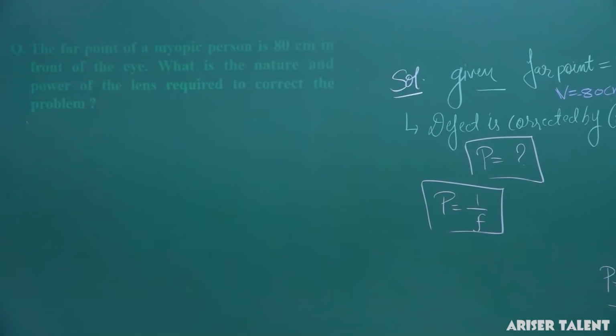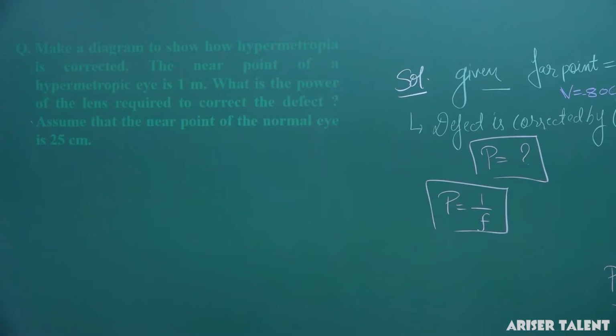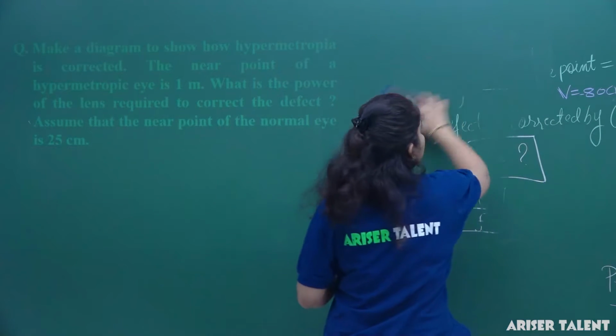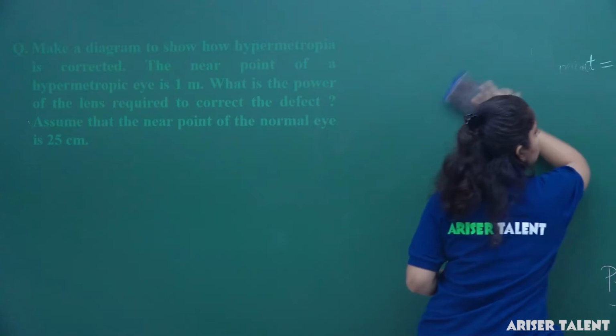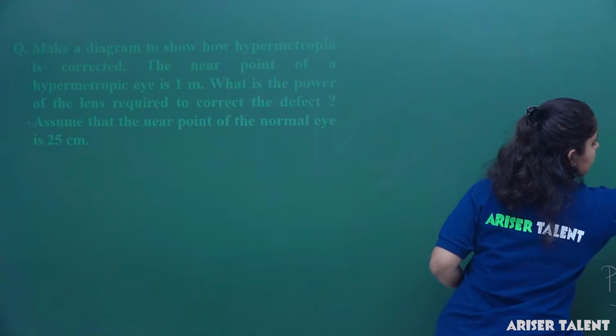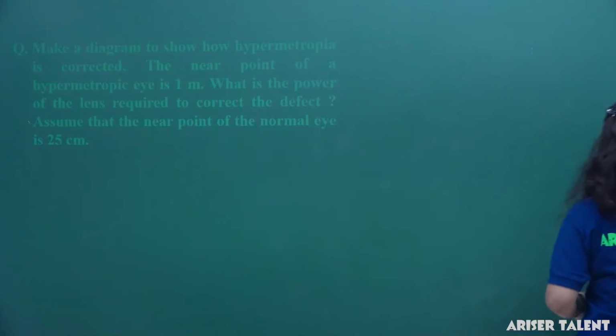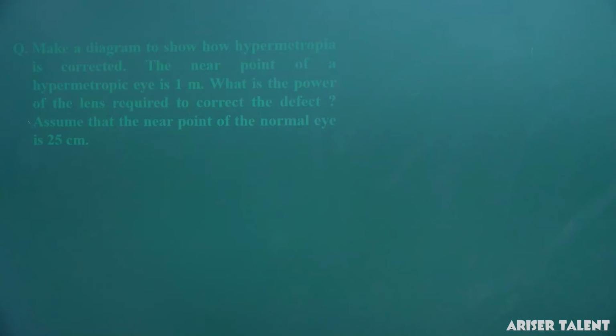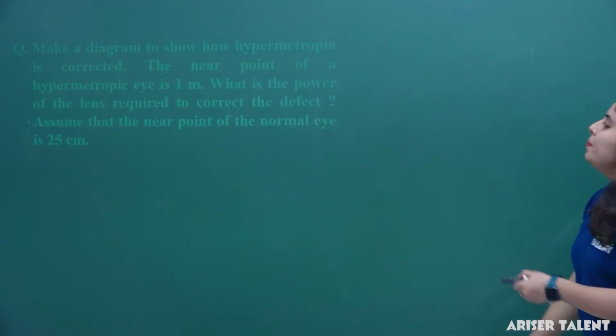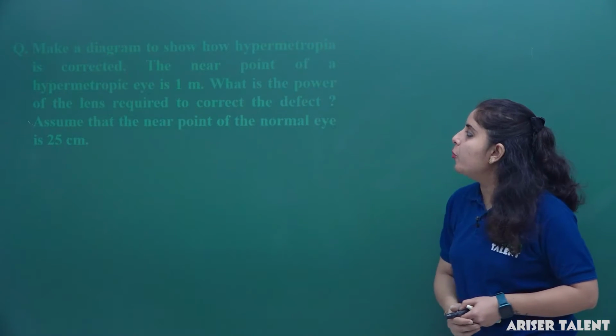Now let's see the next problem here. Make a diagram to show how hypermetropia is corrected.